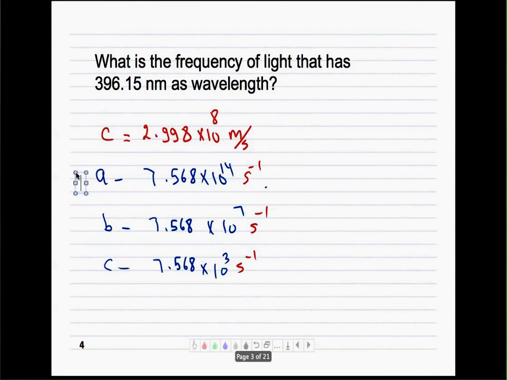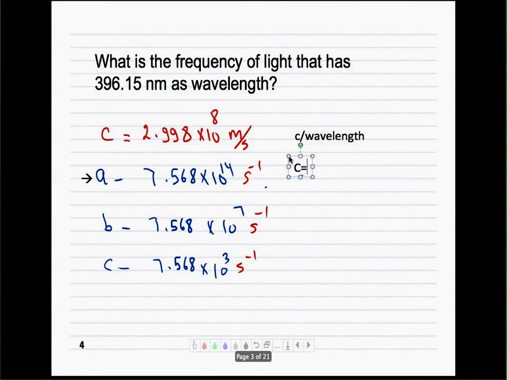But let's see where. So first of all, it's asking mainly about a relationship between frequency and wavelength. Okay? So the frequency equals c over lambda, where c is the speed of light and the wavelength is lambda. In this case, I have lambda, I have the speed, I want to calculate the frequency.